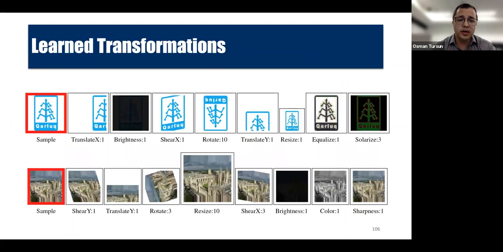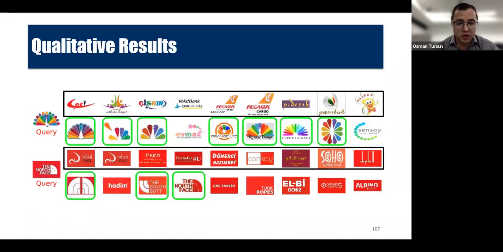And this one is a visualization of learned data augmentation for the trademark data set and the landmark data set. And so we learned different data augmentations with different properties. And this one is one of our qualitative results. The first row is the results without any test time data augmentation.